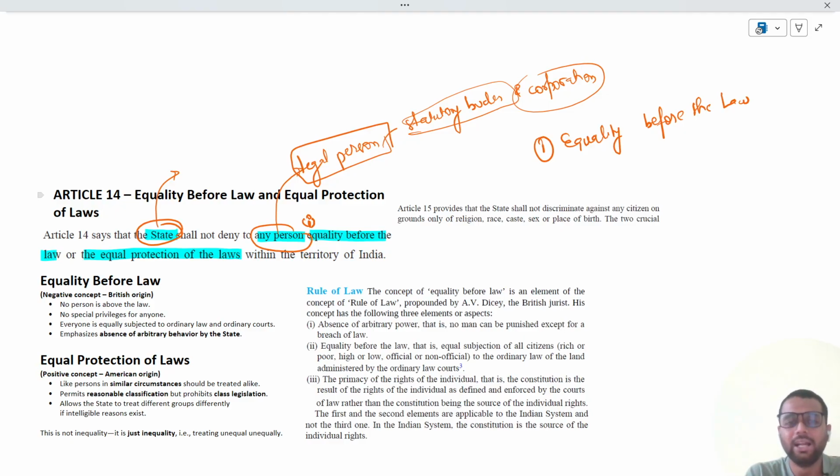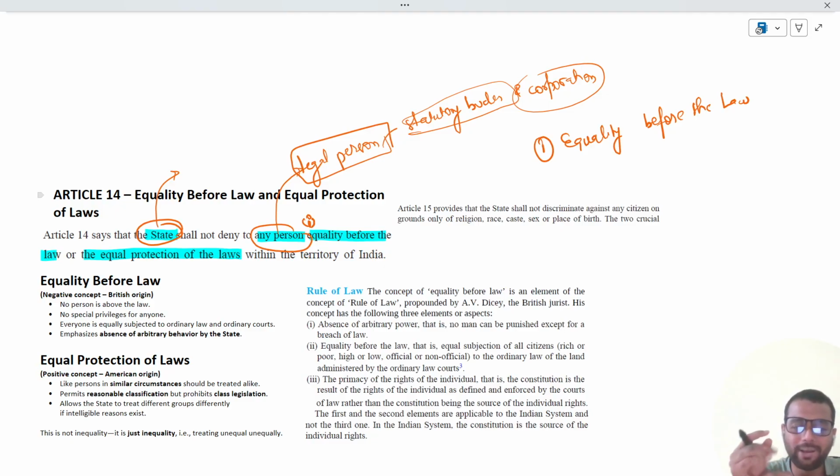To better understand, let me give you some examples. For example, if I am an IAS officer and I take a bribe, or say I am a clerk and I take a bribe, the punishment given to an IAS officer for taking a bribe of, say, rupees 1000 is the same as what a clerk will get for taking the same amount of bribe.